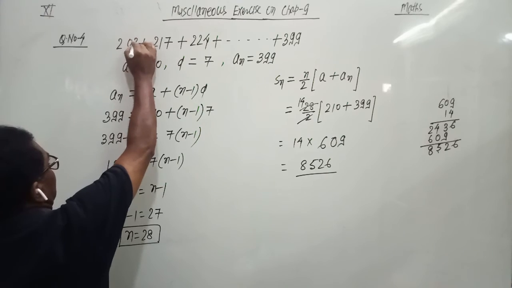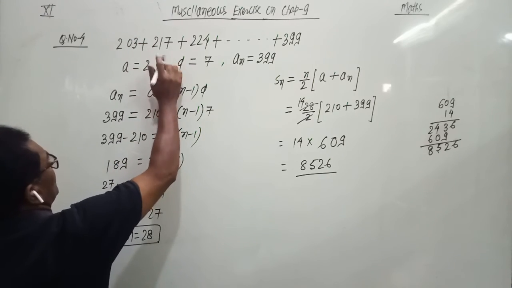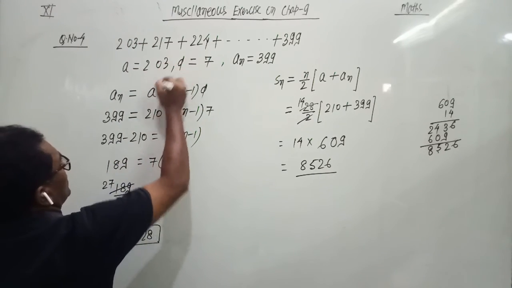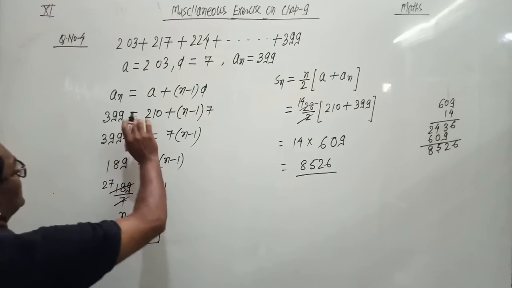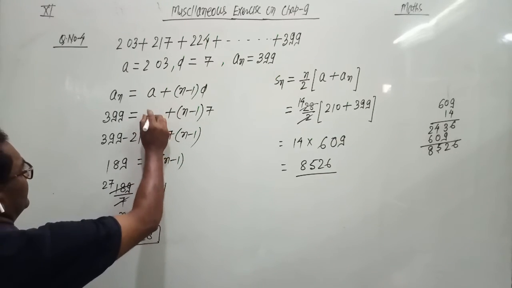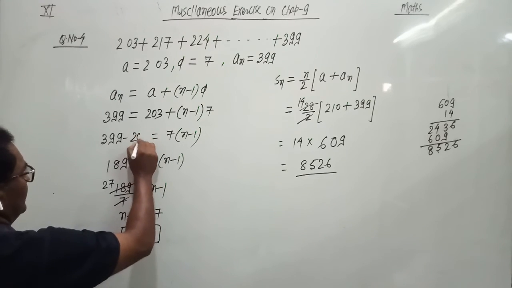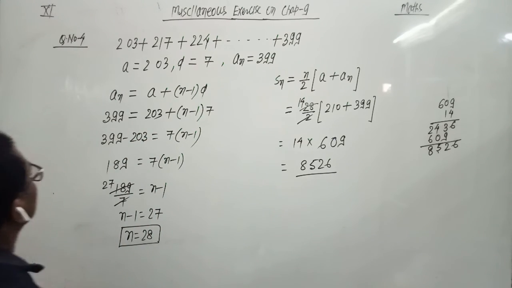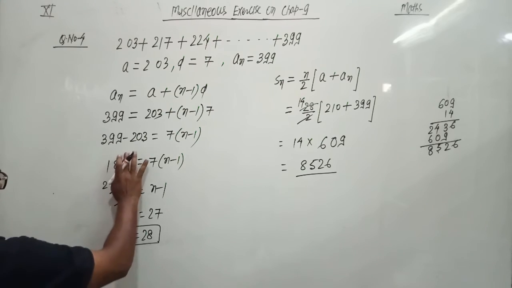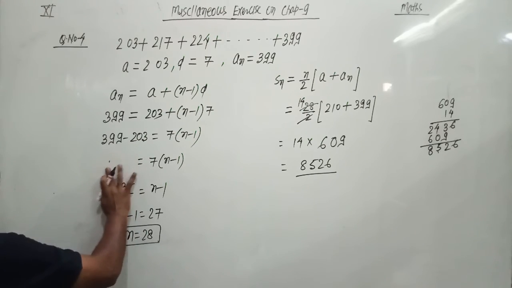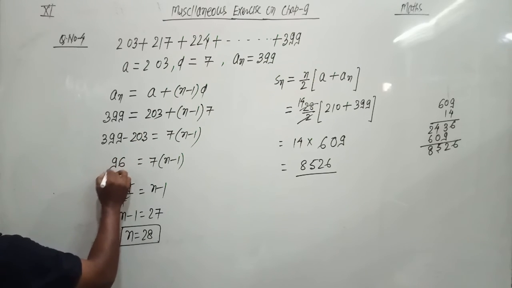So the value of a is 203. And 399 minus 203, we get 196.